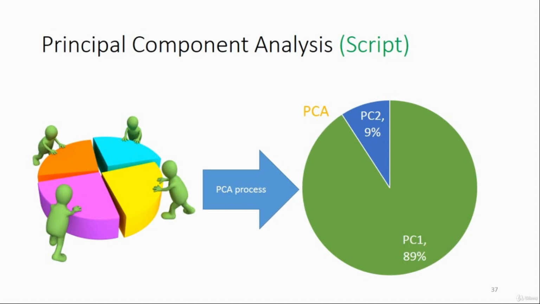One of the important concepts is principal component analysis. This is also known as dimensionality reduction, basically reduction of dimension. So suppose you have say 100 features and you want to reduce to say 5, 10 and so on.